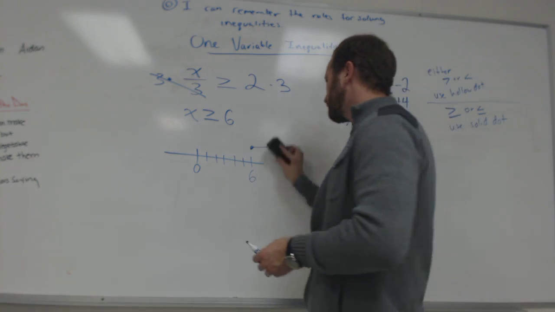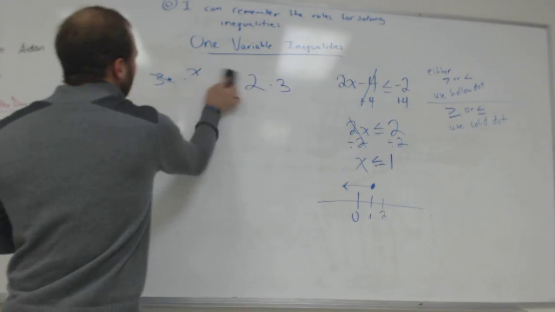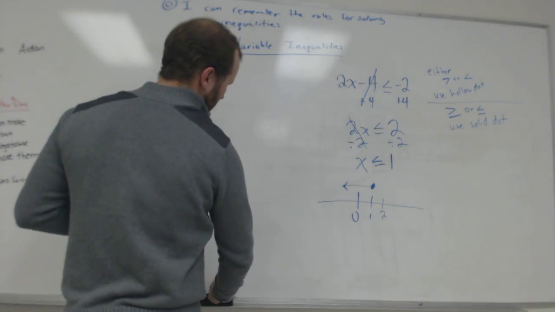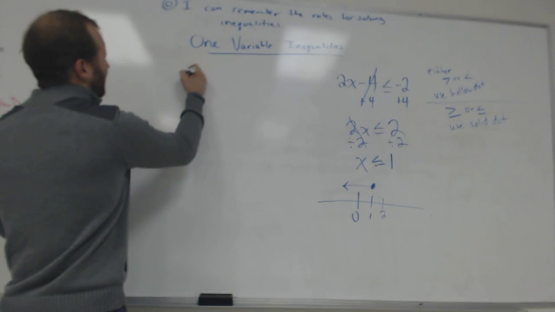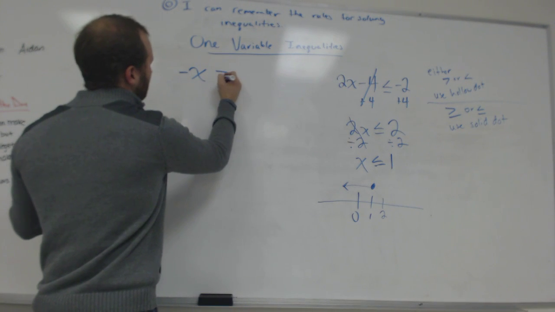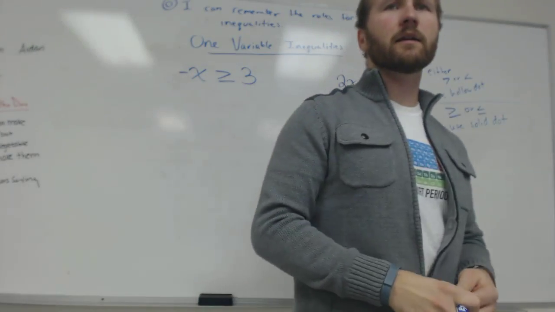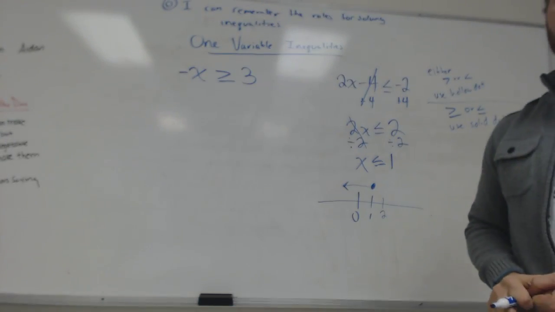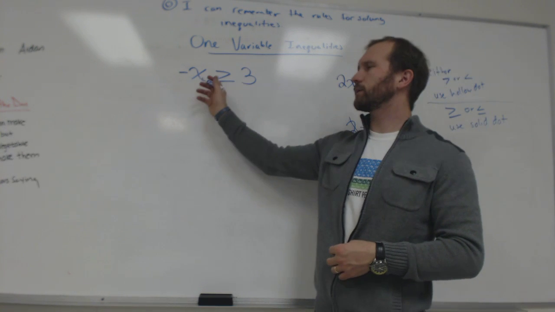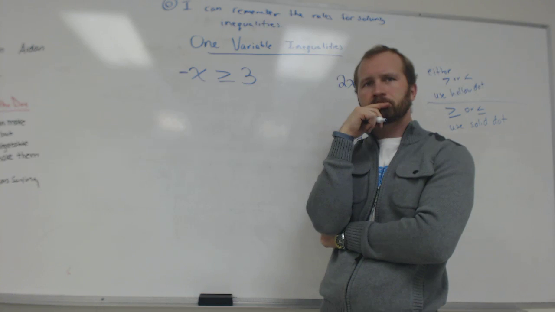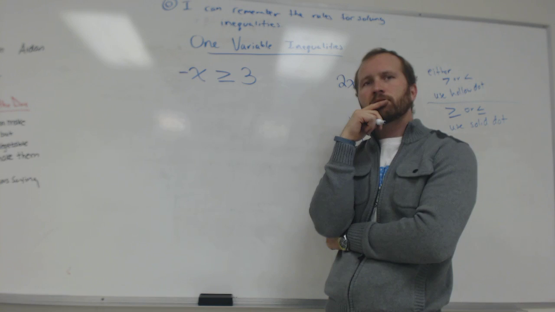All right. There's one more rule to this. Negative x is greater than or equal to 3. How do I solve for x here? You have to make the 3 negative. Yeah.